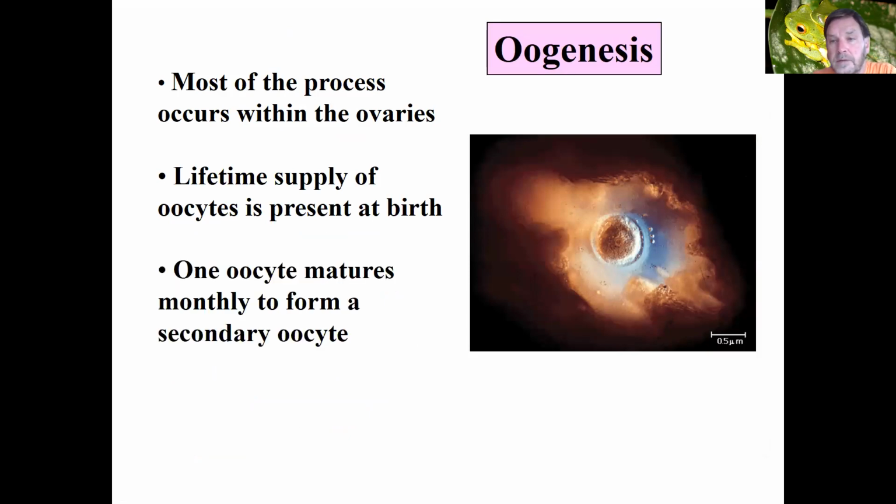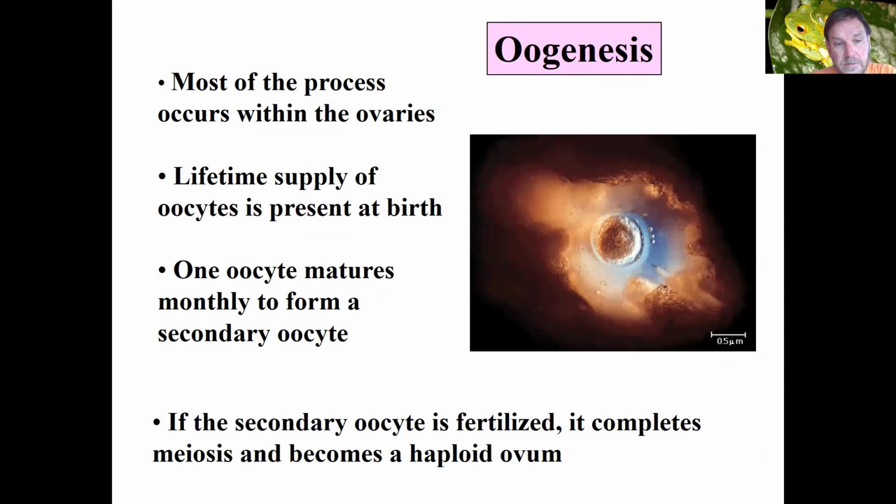Again, a lifetime supply of eggs at birth. Monthly, an oocyte matures to become what's called a secondary oocyte. If this secondary oocyte is fertilized, it then completes meiosis, unlike sperm, which do it before they're produced, and becomes a haploid ovum.